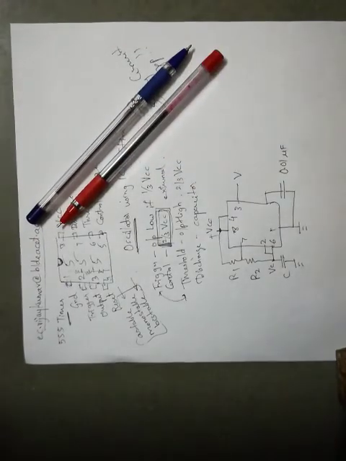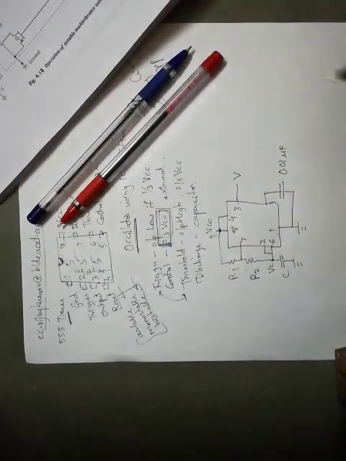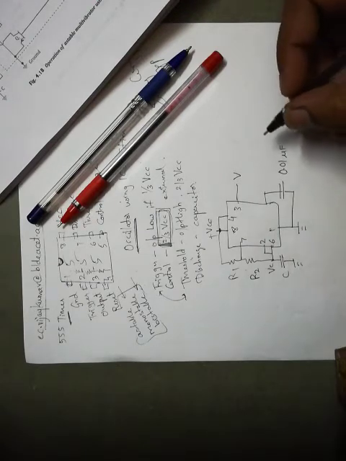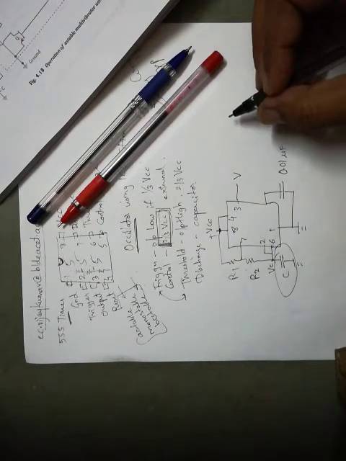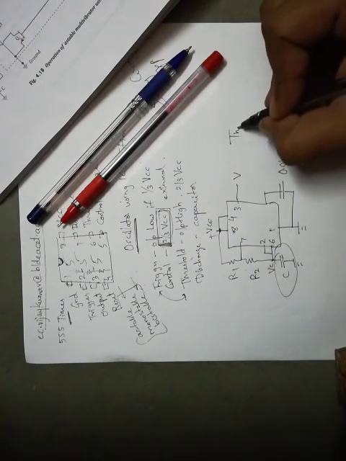We'll see the simple operation of this circuit. What happens is, the capacitor charges, we'll call this T high, through R1, R2.